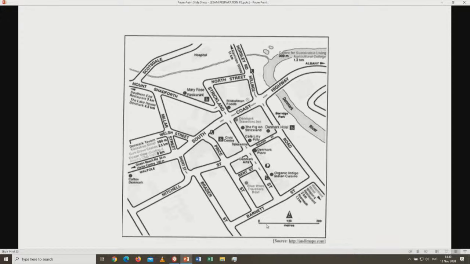Then if you measure it with your ruler, you can equate it to 200 meters as it's given on the bar scale. So a very important thing for you to remember to bring on Monday is a ruler, Grade 12, a ruler. Because it may just be that you must measure something and then you need a ruler.